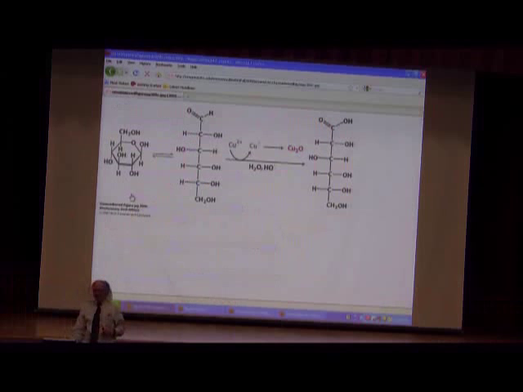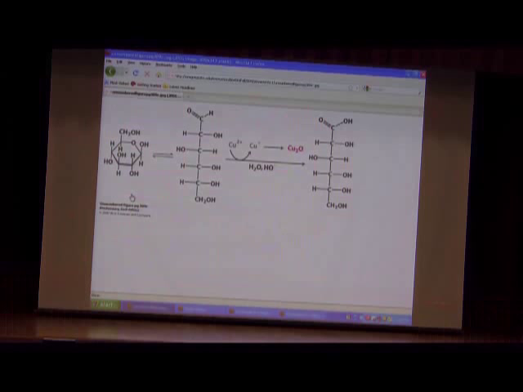Okay, oxidation. Another consideration in working with sugars is the fact that sugars have chemistry. Aldoses have an aldehyde group, which is a fairly reactive group. When we talk about aldoses like glucose, ribose, mannose, or galactose, those are all aldoses.